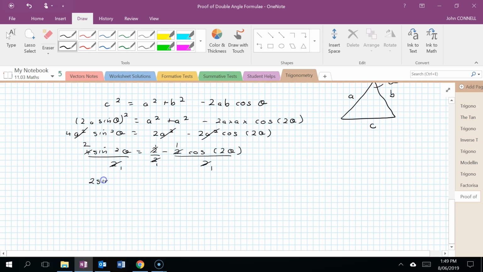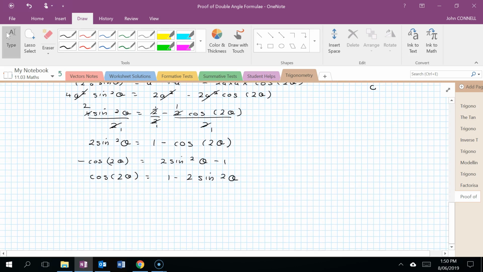So I get 2 sine squared theta is equal to 1 take cos 2 theta. So, swapping that around, I'll get that minus cos 2 theta is equal to 2 sine squared theta take 1, and then if I go through and divide everything by minus 1, I'll get cos 2 theta is 1 take 2 sine squared theta.